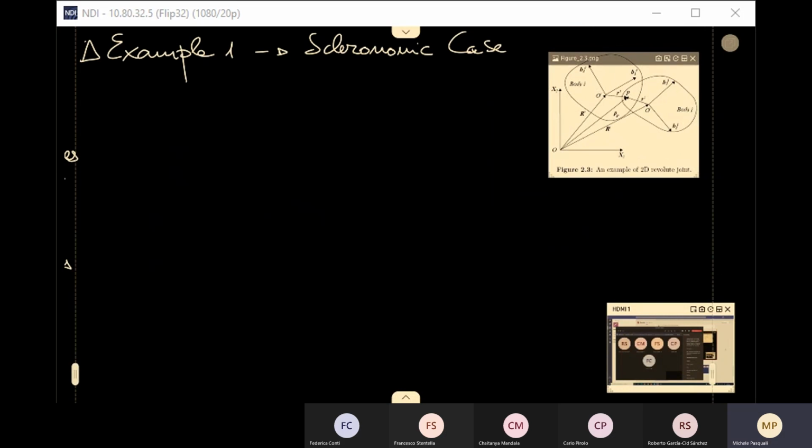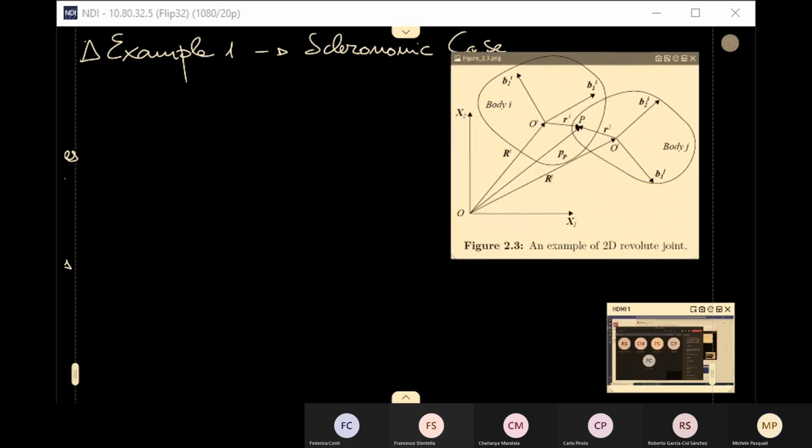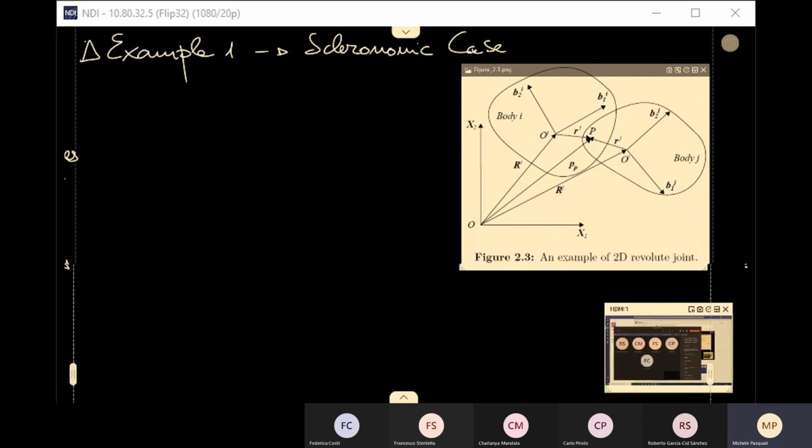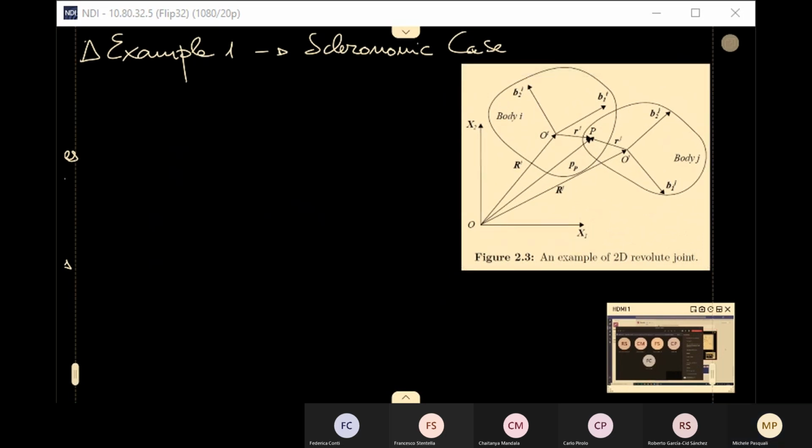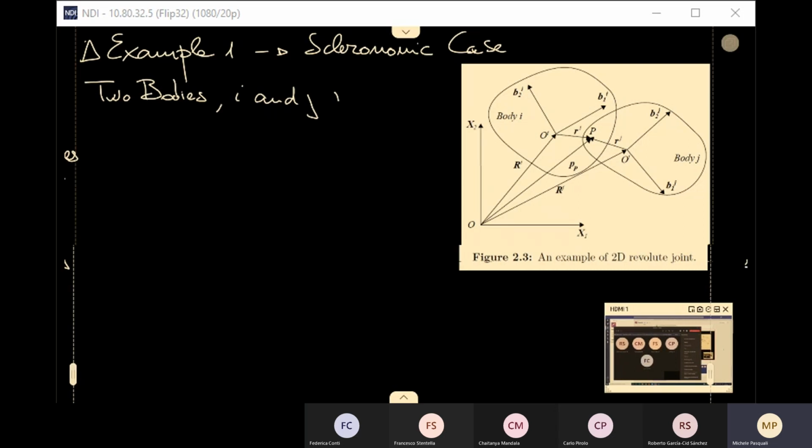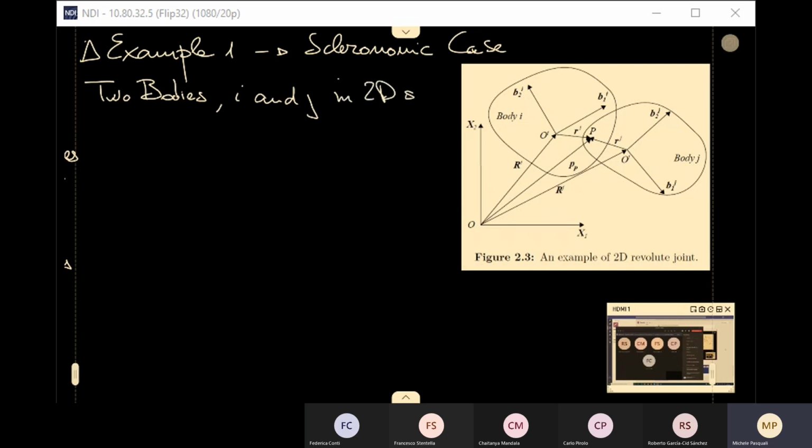I hope you can see it. So here you have two bodies, I and J, which are general, so we have two bodies in a system of bodies, which have a revolute joint, okay, in point P. So they are in 2D space.